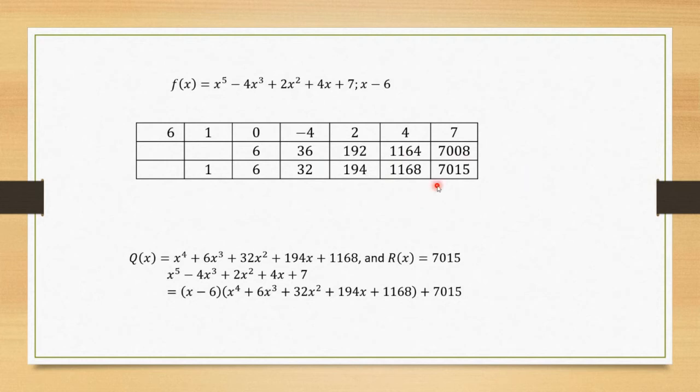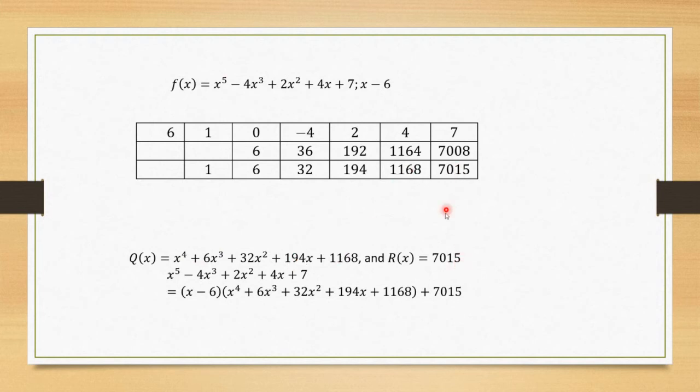So we know what our quotient and remainder are. The quotient Q of x is 1 degree less, so now it's down to 4. I just did the calculation with my calculator to double check. These are the coefficients: x to the 4, 6x cubed, 32x squared, 194x, 1,168.